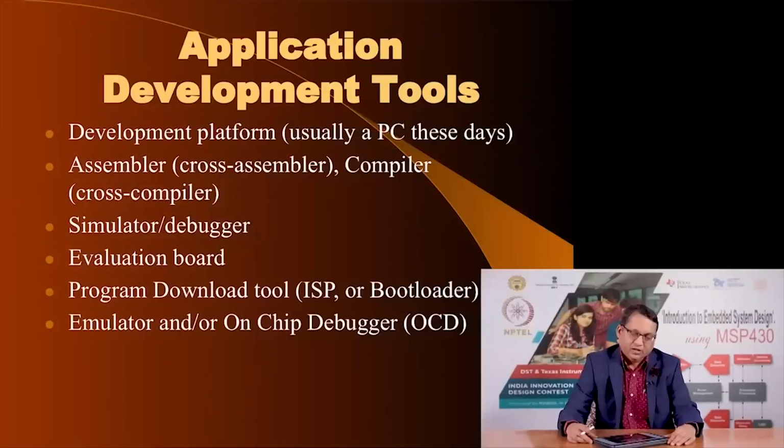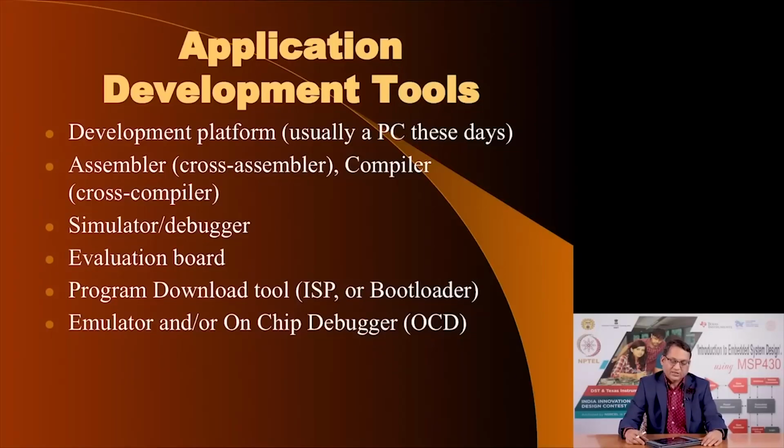For developing applications, you need tools, and these are the application development tools. You need a development platform. Usually these days, a PC, whether a desktop or a laptop, is used for application development. It must be able to run an assembler and a compiler. You should have a simulator and debugger.